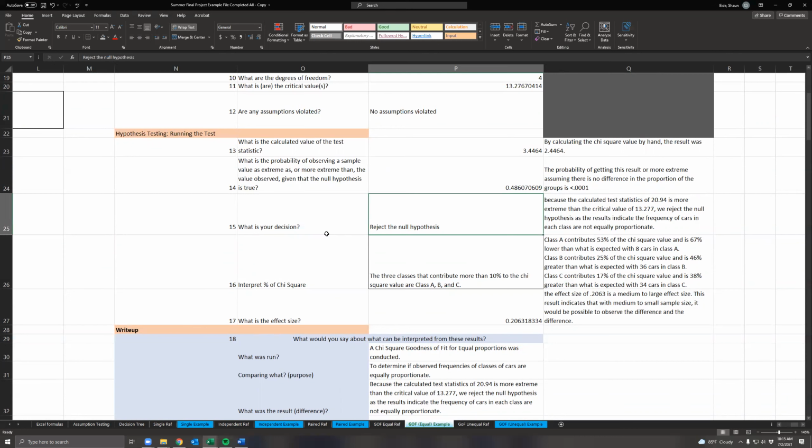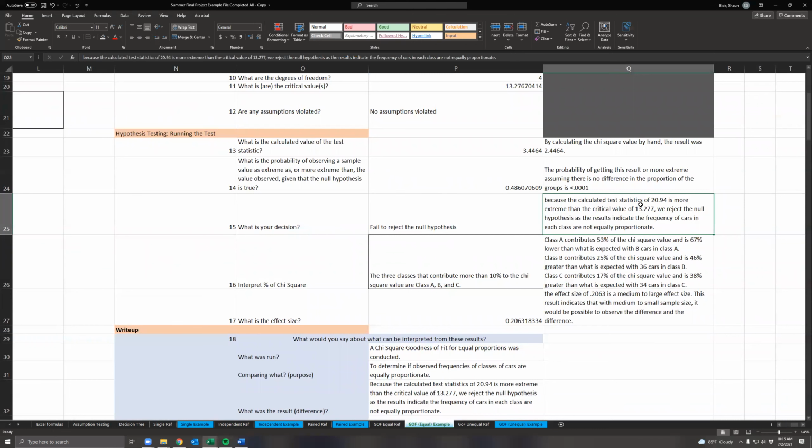And then the next thing, what is your decision? Our decision is actually now going to be fail to reject the null hypothesis because the calculated test statistic of 3.4464 is less extreme than the critical value of 13.277.